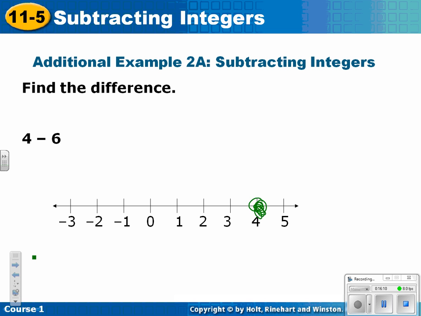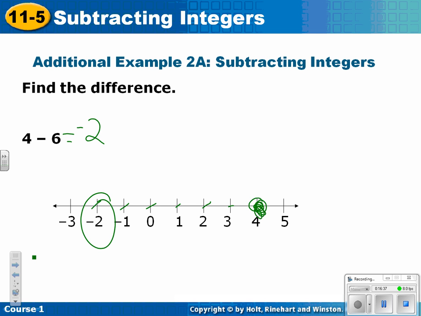So I'm subtracting a positive number. This is just a -6, just like you all did in first grade. 4 minus 6. So if I'm subtracting a positive, I need to move to the left. So I move to the left 6. 1, 2, 3, 4, 5, 6. That's where I end up. -2.